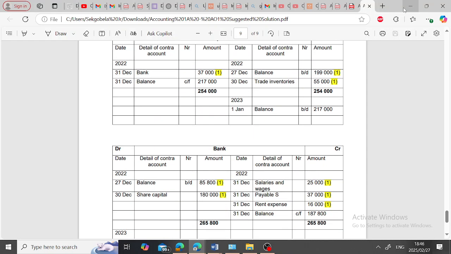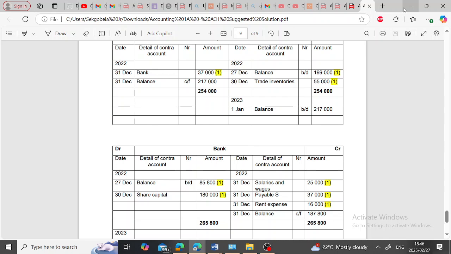Payables. Can I squeeze both of them in? Yes, I can. Payables, what do we have? Balance 199,000. Trade inventories, we bought on credit 55,000. Bank, we paid 37,000 to payables. Which side is greater? Credit side, right? 254,000. 254,000 minus the 37,000 we paid our payables is what? 217,000.